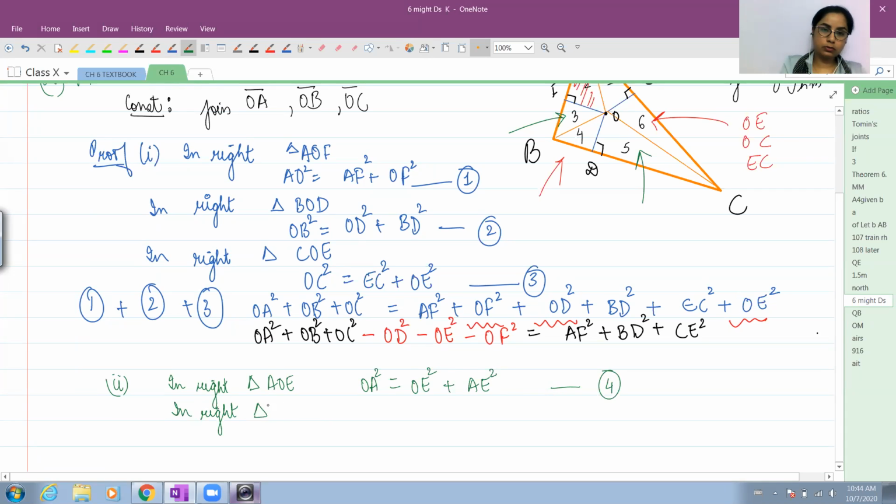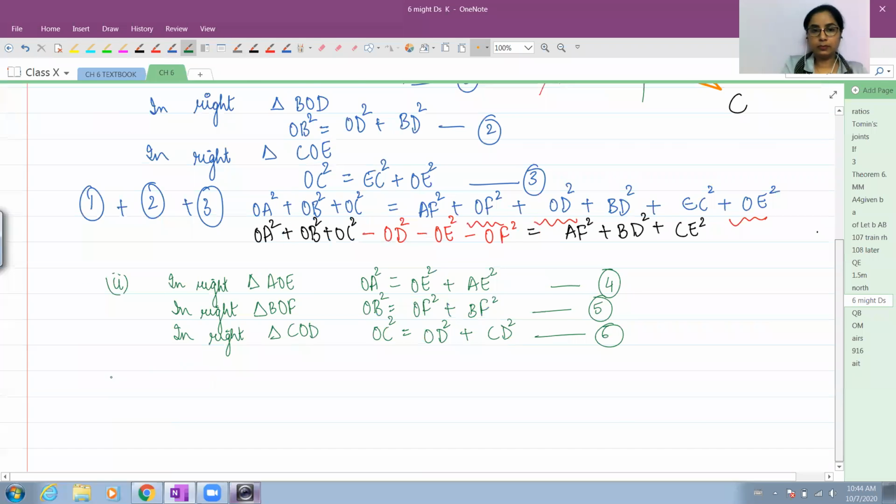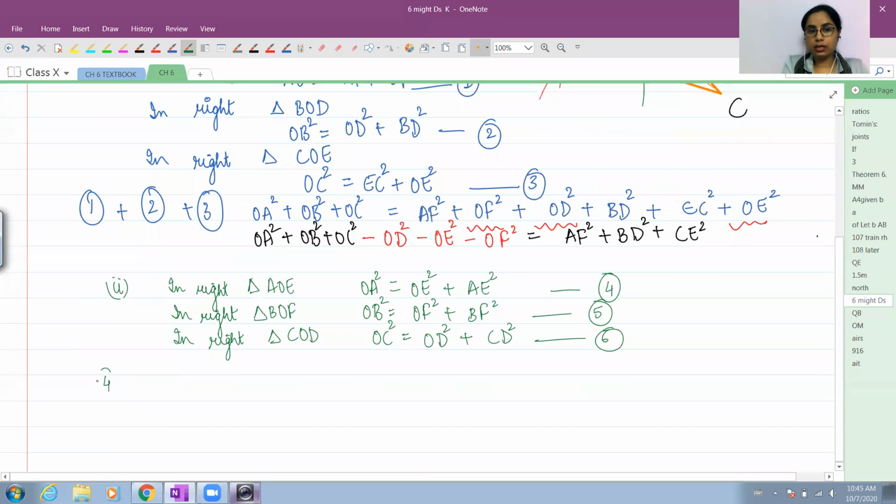Triangle number 3 now. Triangle number BOF. And then finally triangle number 5. Exactly the same thing. Now add the three results.